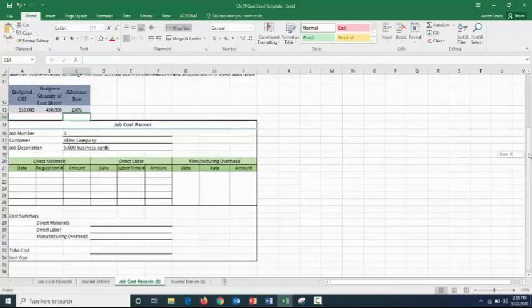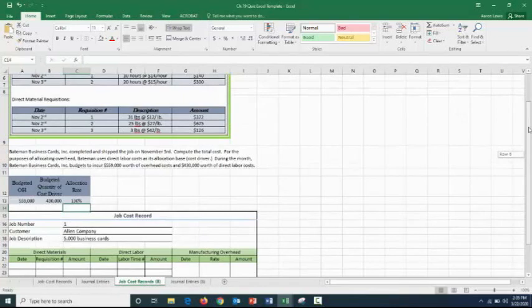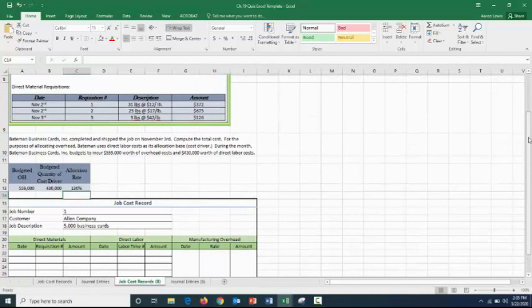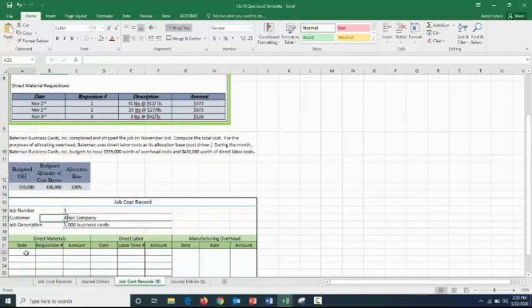What we need to do this is our material requisitions during the period. So again, there's 3 material requisitions that you can see up above. Well, let's fill these in over here. On November 2nd, in requisition number 1, we requisitioned $372 worth of materials for use in this job for Allen Company.